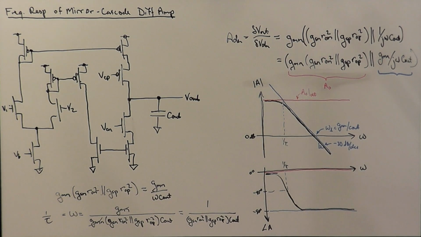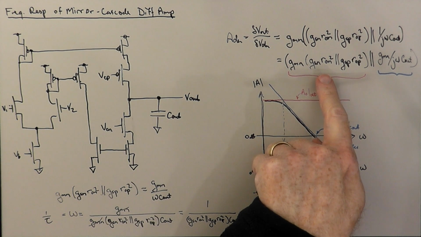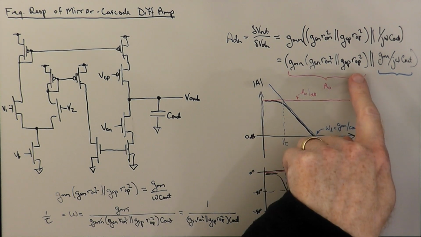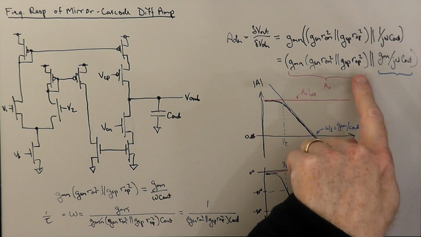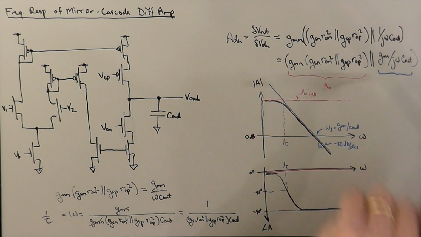Now, another thing I wanted to bring out with this example is if we go back to our discussion of just the mirror, the current mirror diff amp, we could have said exactly the same thing. The only difference was that we had multiplied the RON by the GSN RON and the ROP by the GSP ROP here.